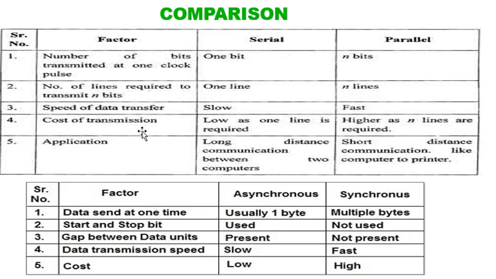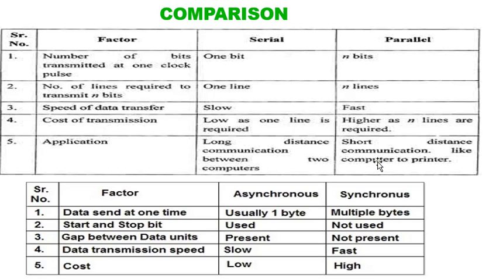On cost of transmission, the serial has a low cost because it transmits one after the other, but for the parallel the cost is very high because we need n lines for n bits. For application, the serial is used for long distance communication between computers, and the parallel is used for short distance communication.